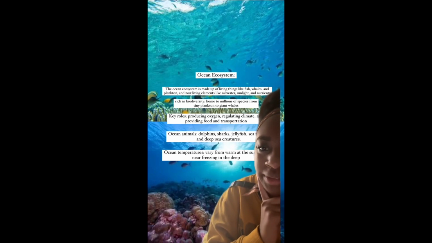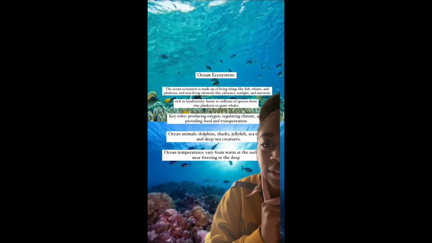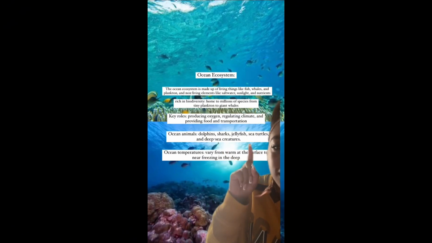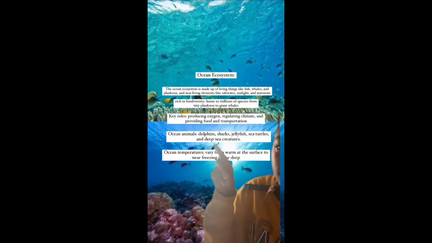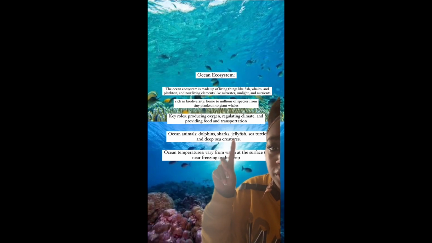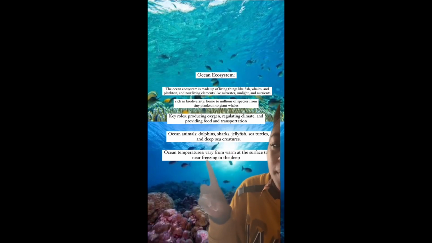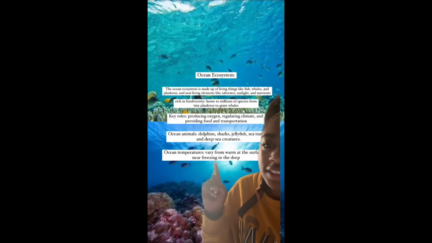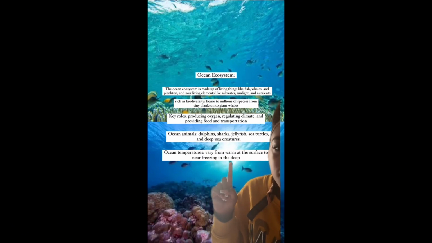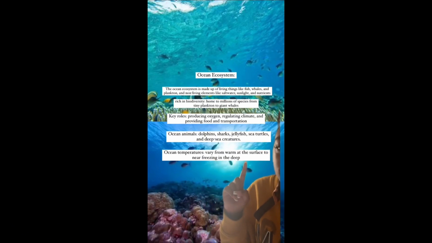Some animals that may reside in this ecosystem are dolphins, sharks, jellyfish, sea turtles, and deep sea creatures. The temperature of this ecosystem may vary between warm at the surface and near freezing at the deep end.